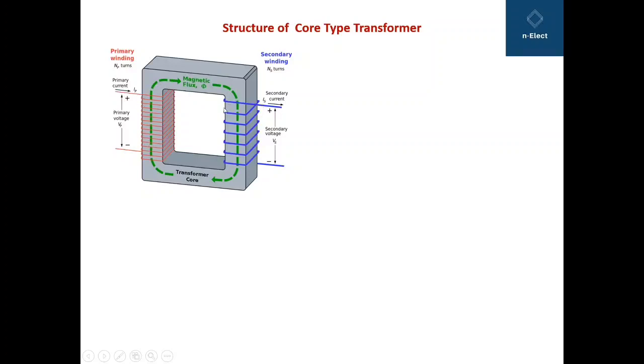While across the secondary you are getting the output voltage Vs, that is the secondary voltage, and the secondary has the number of turns Ns, and the voltage you are getting here is because of the current Is, that is the secondary current.